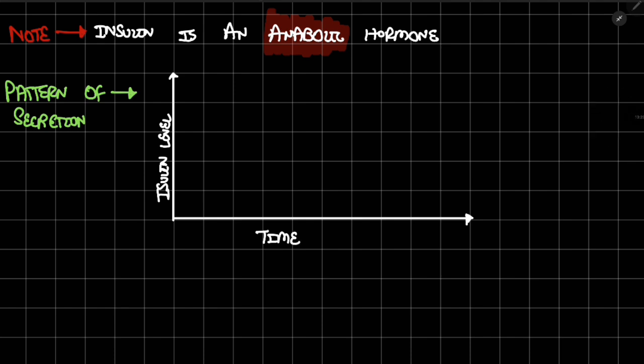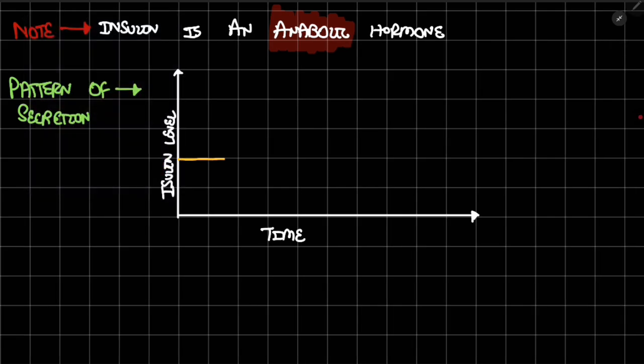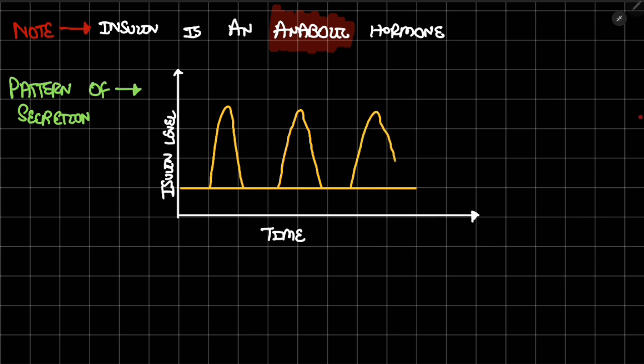Now the pattern of secretion of insulin is like this. Ideally this should be the pattern of secretion. So we have two types of insulin here. This one which you see, the straight line, is the basal insulin.